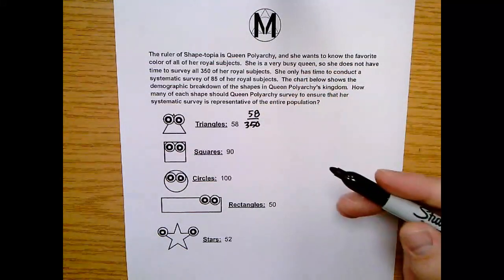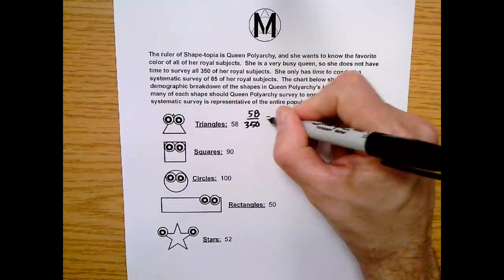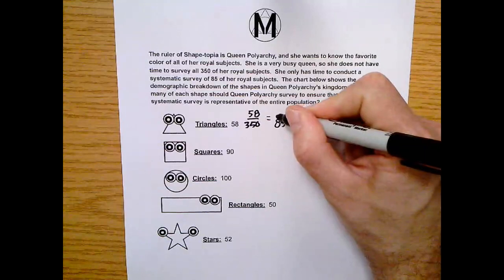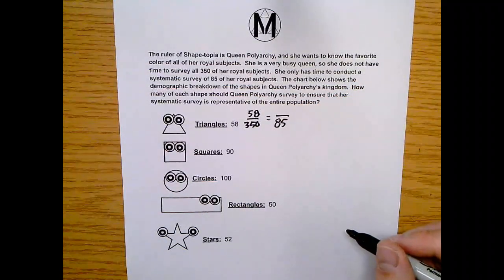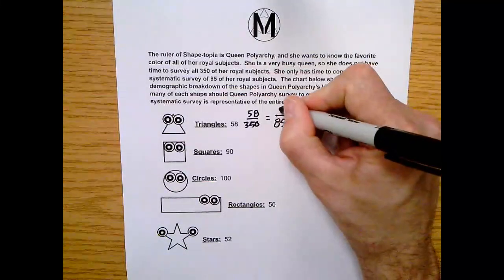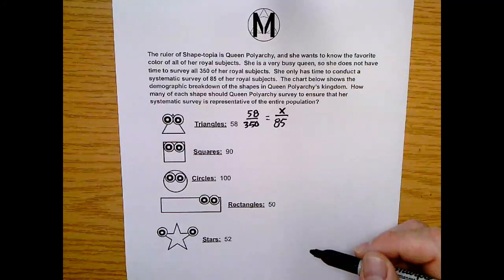And what we're trying to do is create a ratio that is exactly the same, but in the ratio, it's going to be our systematic survey. We can only do 85, right? So we want this ratio to actually be exactly the same. So we're going to try to find the value of triangles that would make this ratio exactly the same.